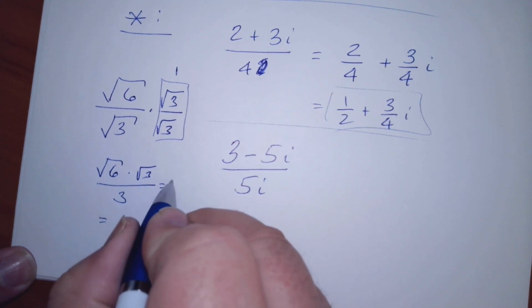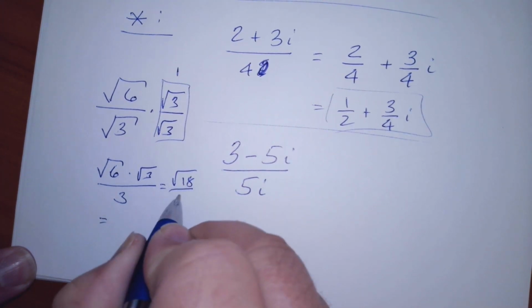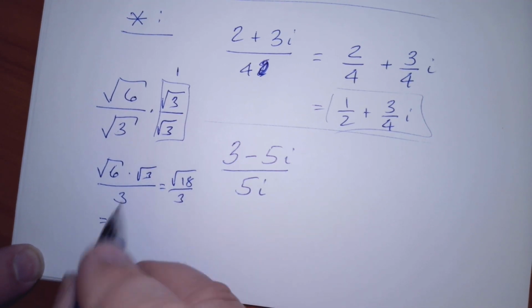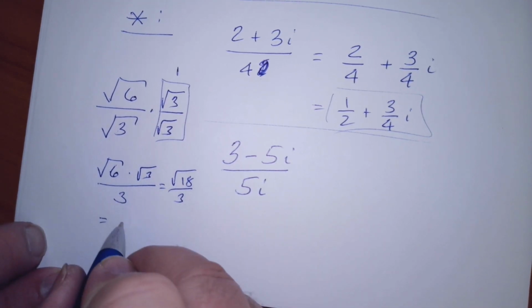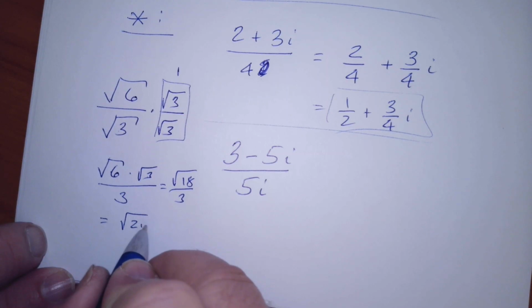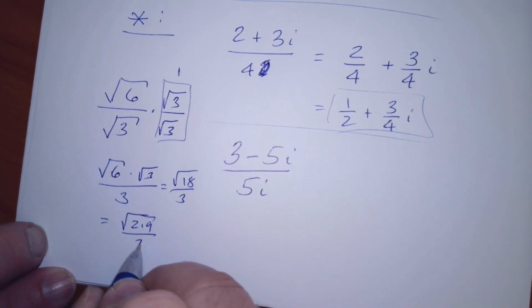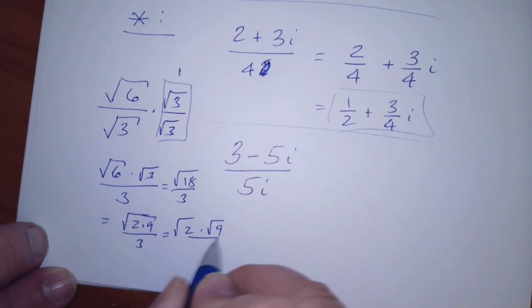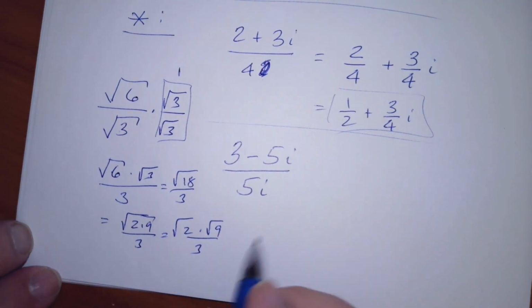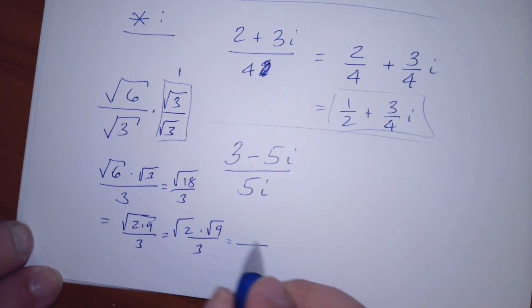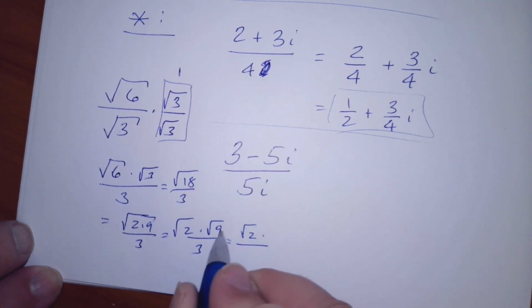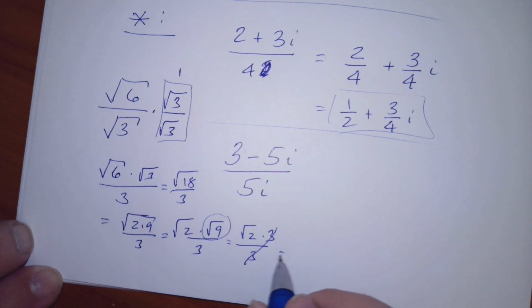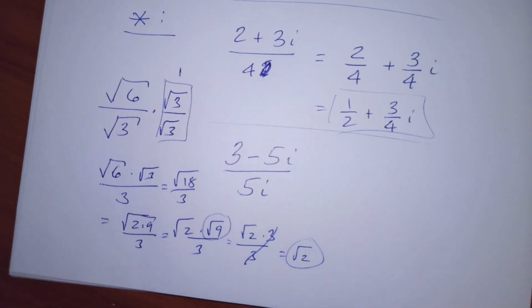Six times 3 is square root of 18. 18 is made up of 2 times 9, which becomes square root of 2 times square root of 9 over 3. Square root of 9 is 3, so the 3's cancel. The answer is square root of 2.